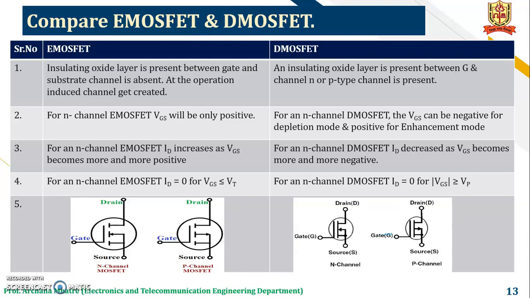For an N-channel E-MOSFET, ID is equal to 0 for VGS less than or equal to VT, and for N-channel D-MOSFET, ID is equal to 0 for mod of VGS greater than or equal to VP. And the fifth point is the symbol for N-channel and P-channel E-MOSFET, as well as the symbol of N-channel and P-channel D-MOSFET.